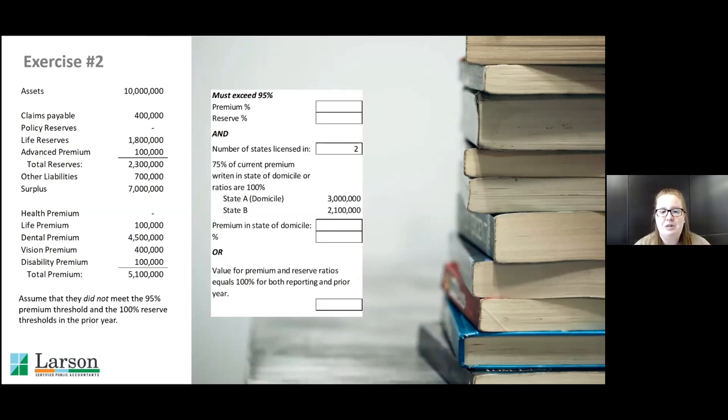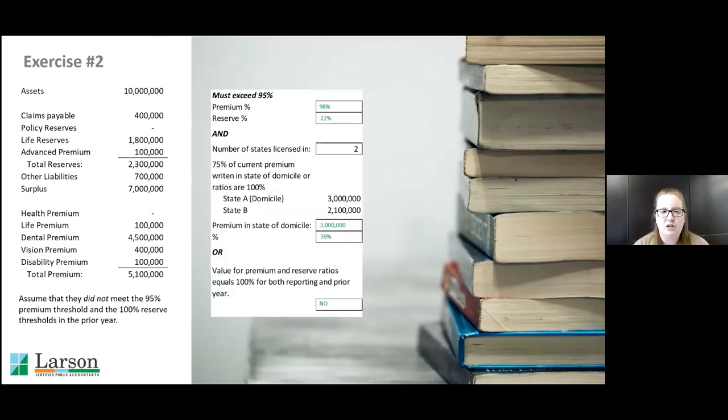So we know that the fourth box isn't really an option for this organization. Let's show those percentages that we've already calculated. First, we'll look at the premium and reserve percentages. You can see that for premium, they are above the 95%, so most of what they're currently writing is health insurance related.